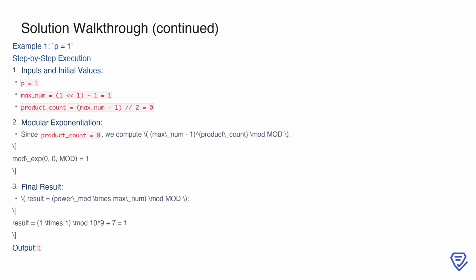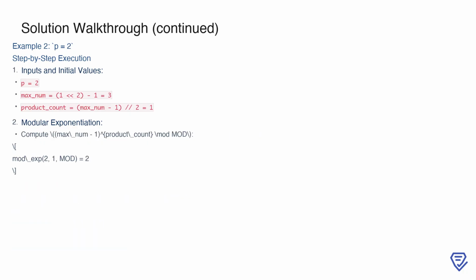Since product_count equals 0, the term (max_number - 1)^product_count simplifies to 1, as anything to the power of 0 equals 1. Using modular arithmetic, the result is computed as power_mod times max_number mod, which is 1 * 1 mod 10^9 + 7, equal to 1. Therefore, the output for this example is 1.